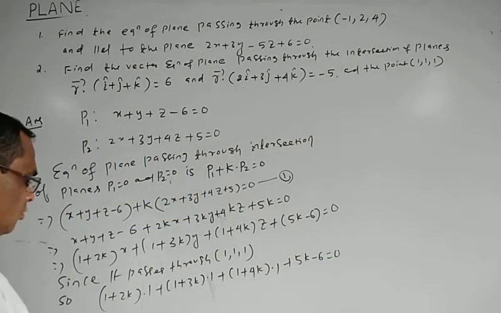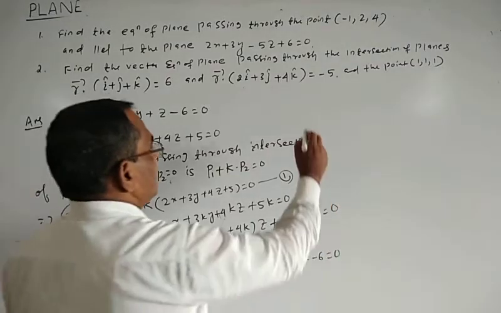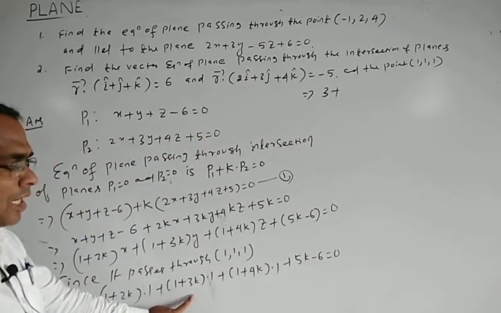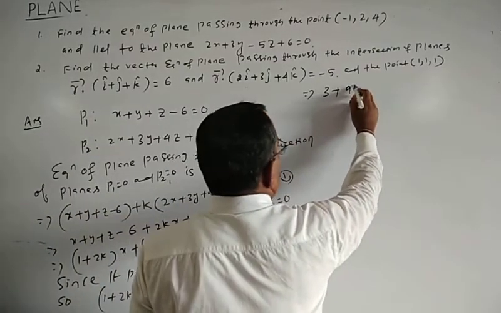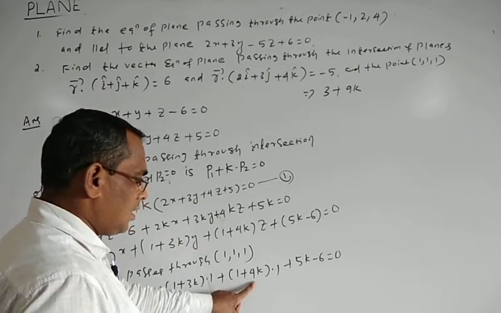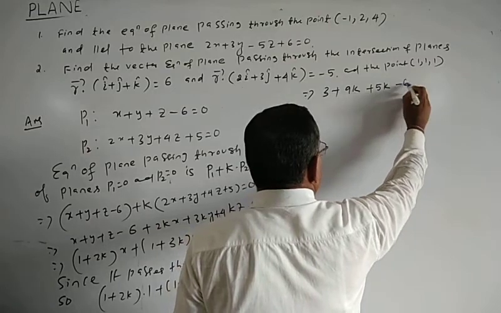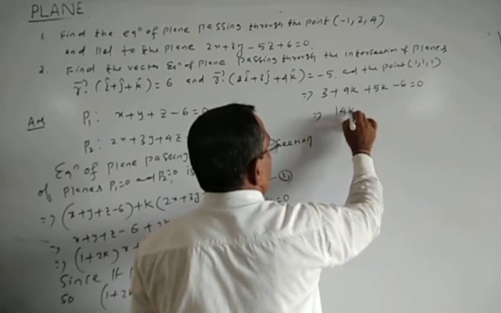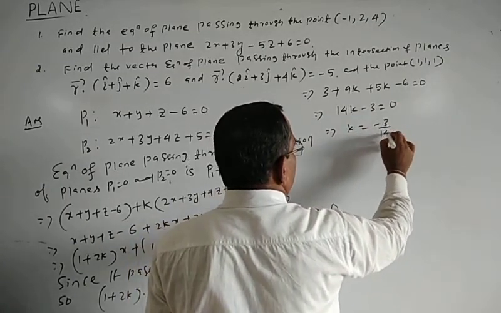So this is 1 plus 1 plus 1 is 3, plus 2k plus 3k is 5k, plus 4k is 9k, plus 5k, minus 6 is equal to 0. That implies 14k minus 3 is equal to 0. So k is equal to minus 3 by 14.